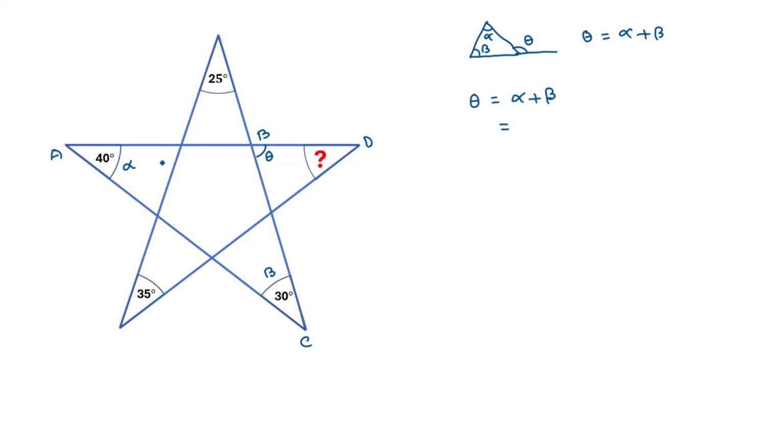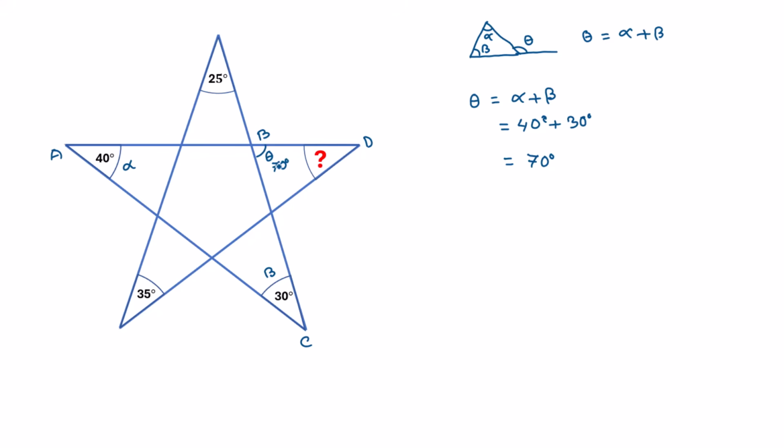Alpha is 40 degrees, so 40 degrees plus beta, which is 30 degrees. The sum of 40 degrees plus 30 degrees is 70 degrees.